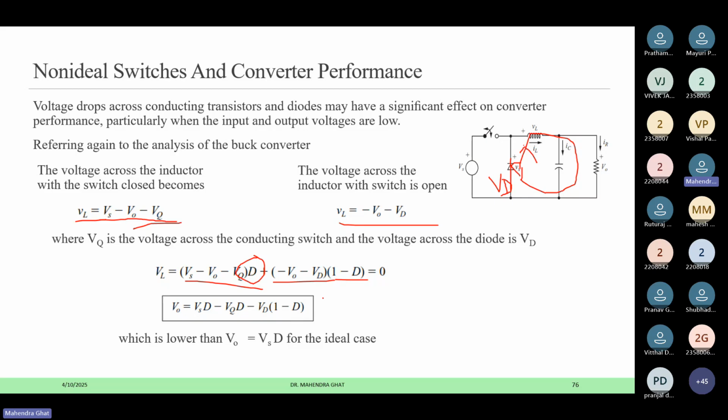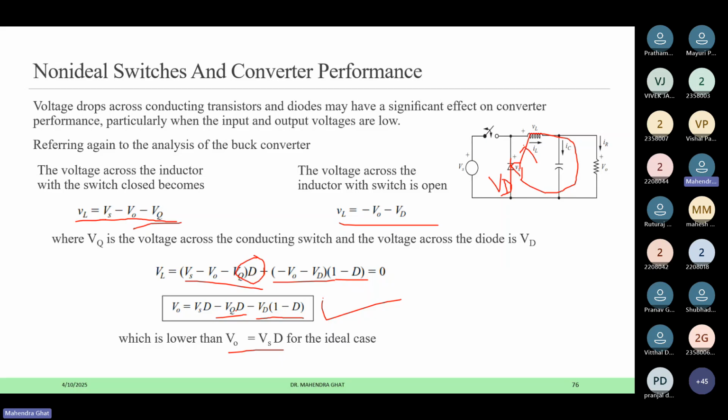So if we compare our previous equation, which was VO equal to VS into D, and this equation, there is a large gap, you can say. So what is happening? There is some drop across the switch for the duty time D, and also the drop across the diode for the 1 minus D duty.